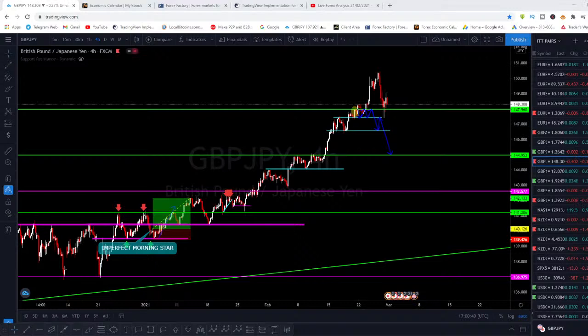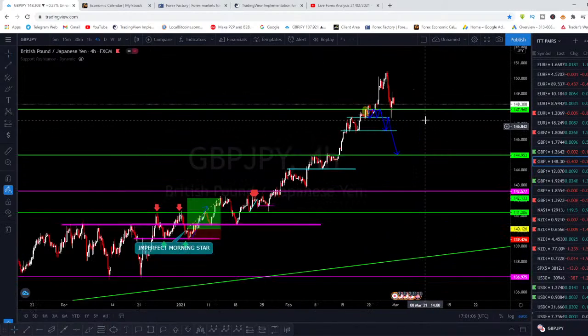All right. So right now, let me check out. Okay, somebody's saying please analyze GJ. So I'll analyze GJ now. This is GJ on the screen right now, GBP JPY.